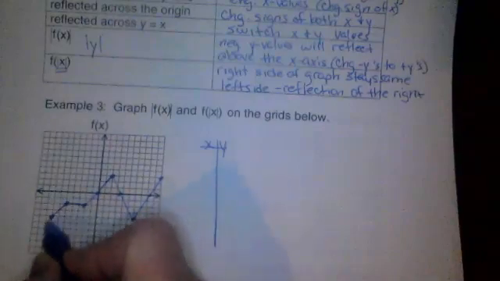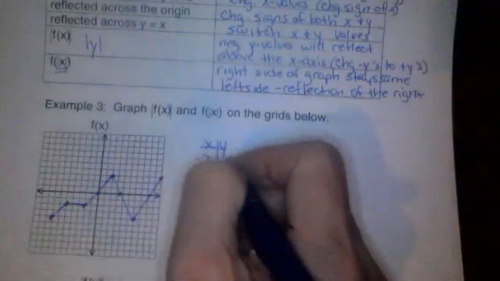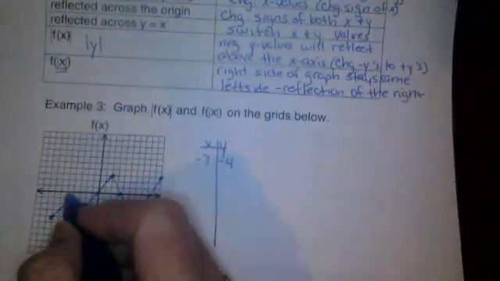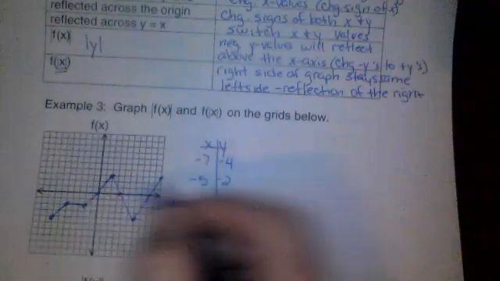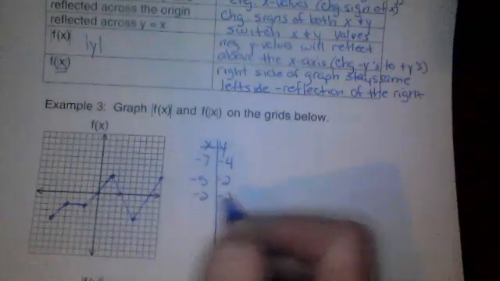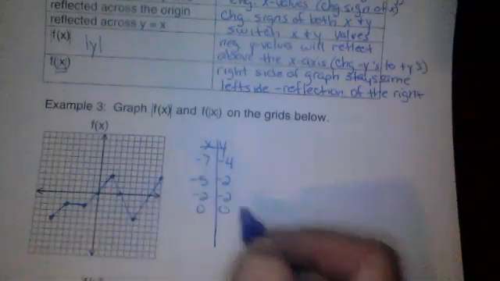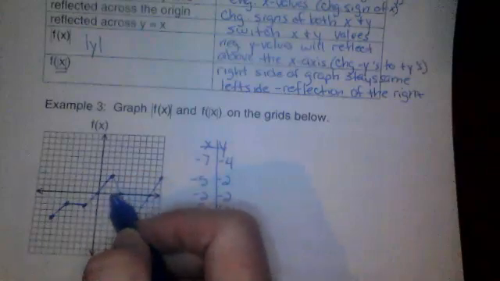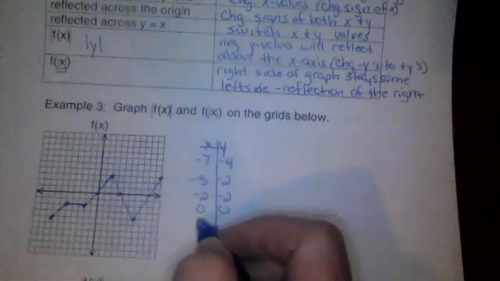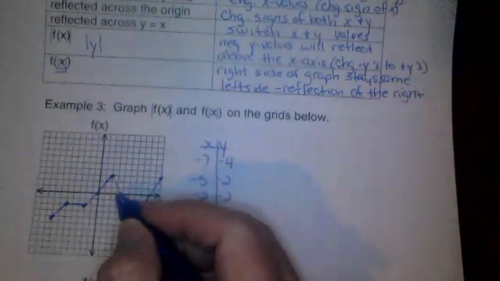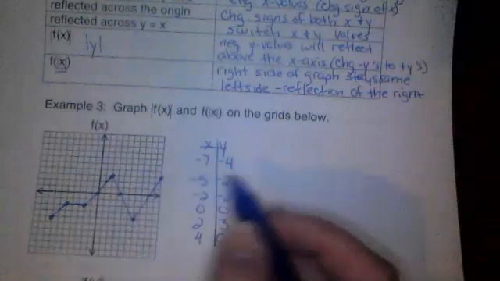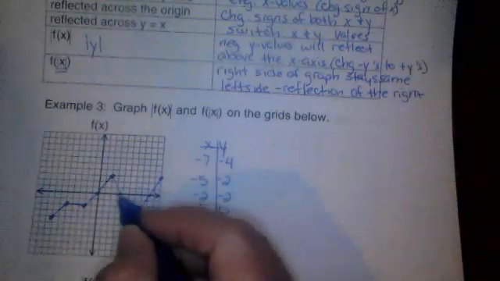We've got (-7, -4). We've got (-5, -2), (-2, -2), (0, 0), (2, 3), (4, 0). I guess it's about 4. It kind of looks like 3.5.